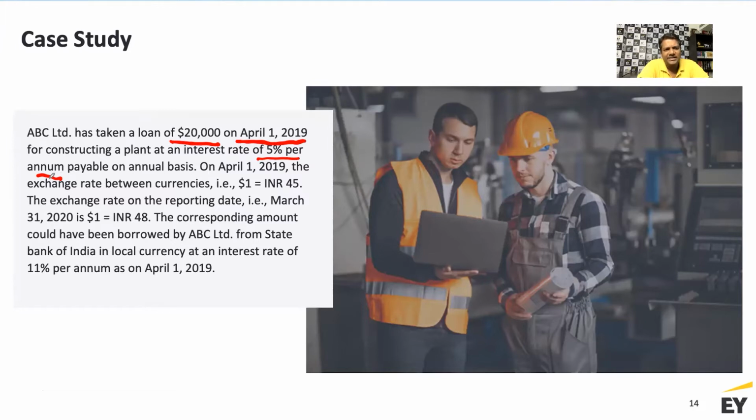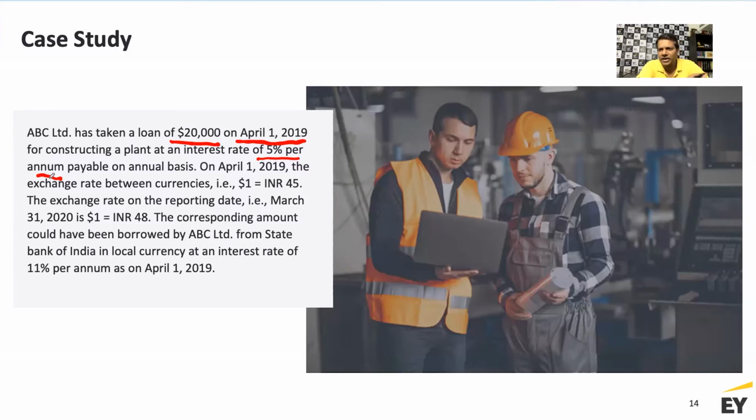On April 1, 2019, the exchange rate, $1 to INR, was 45. The exchange rate on the reporting date, that is March 31st, 2020, is $1 to INR 48. These are assumed rates. These are not the actual rates. Please consider that as well.